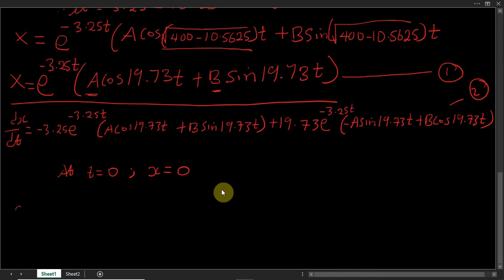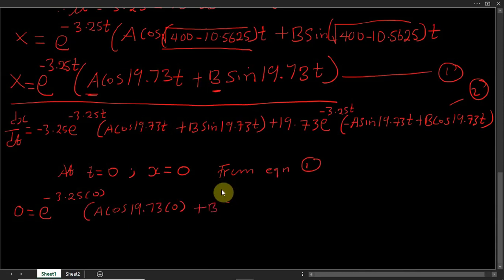That will yield 0 equal to e raised to the power negative 3.25 times 0, in a bracket of a cos 19.73 times 0, then plus b sine 19.73 times 0.